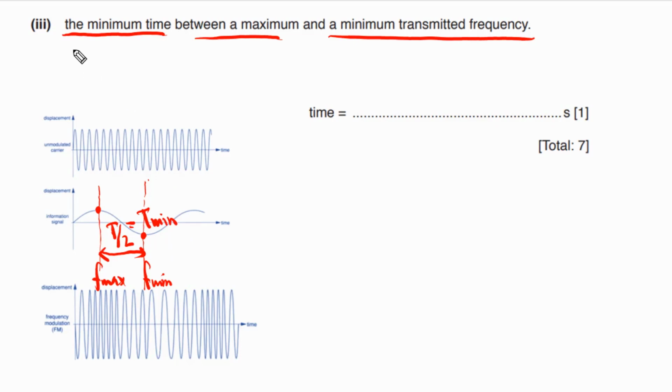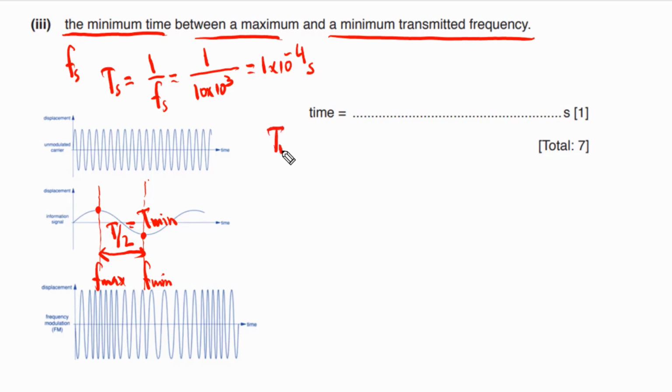But in this question the frequency of the signal, Fs, is given to us. We can first find the time period of the signal, which is equal to 1 over the frequency of the signal. If we divide 1 by the frequency of the signal, which was given as 10 kilohertz, we get 1 times 10 to the minus 4 seconds. Now we need to find T minimum, which is equal to half of the time period of the signal.